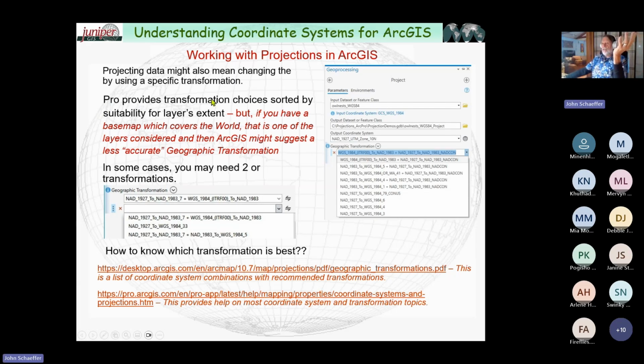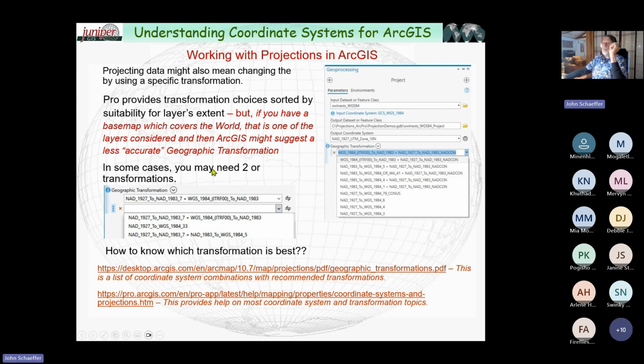ArcGIS Pro provides transformation choices sorted by suitability for the layer's extent, mostly, but if you have a base map which covers the world, and Pro always starts up with the base map unless you very specifically say no, that is one of the layers considered, and then ArcGIS might suggest a less accurate geographic transformation.